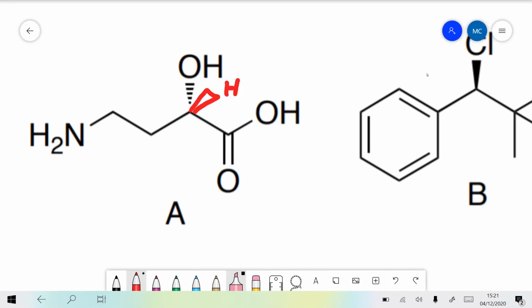That means that is hydrogen. Now, the best way to do these is to build the structures. Okay? The best way to do these is to build the structures.